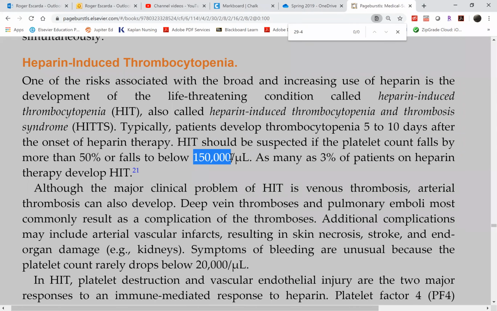Now, what's dangerous about this is sometimes it's not evident. It's easy to see if the platelet count becomes below normal. Let's say your platelet count on admission was 200,000, which is normal. If it drops by 50%, it's easy to see because now it's 100,000.